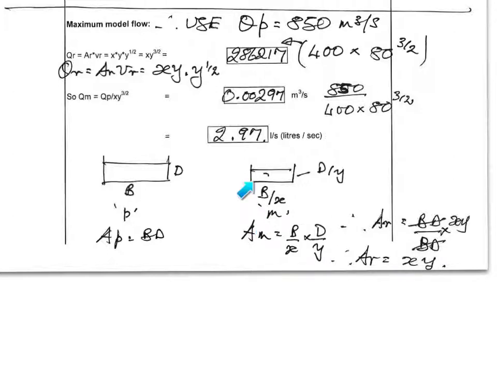And in the model, that breadth would be b over x, the depth would be d over y, so the area would be b over x times d over y. So the ratio of the two areas would be given by x, y. So again, we should be able to work that out for ourselves, preferable to just remembering it as a standard result.